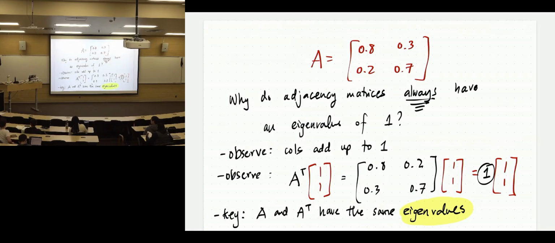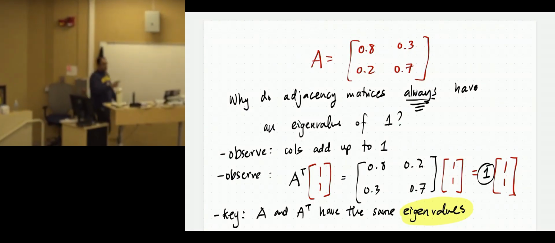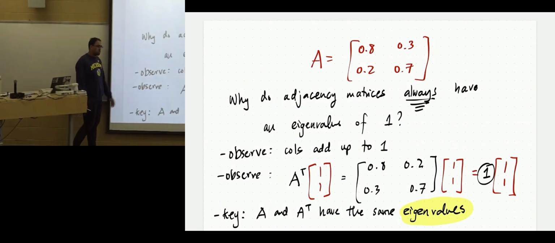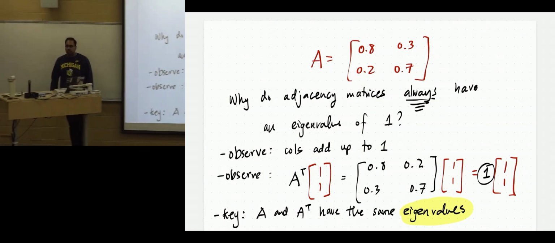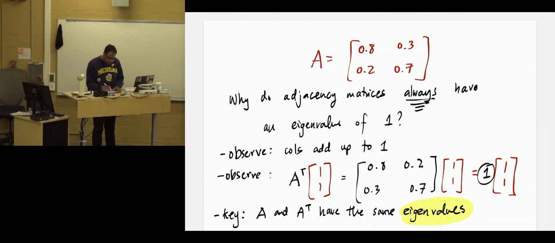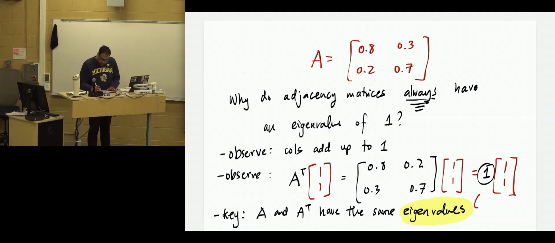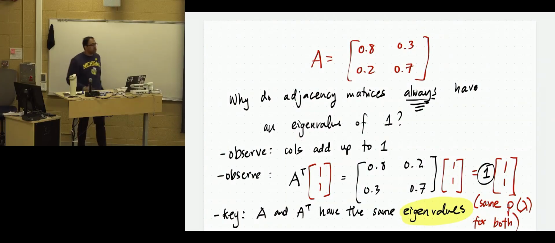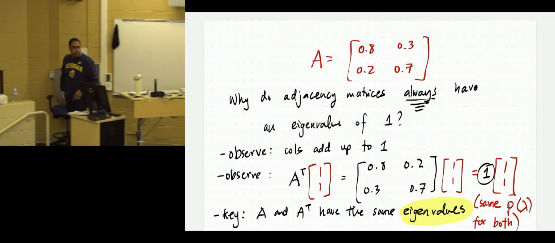But the determinants of A and A transpose are the same, and I and I transpose are the same, and so the characteristic polynomials are the same. That's the key. They have the same characteristic polynomial. And so because A transpose for sure has an eigenvalue of 1, A for sure has an eigenvalue of 1.